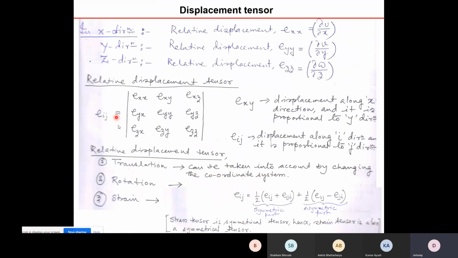Now you divide it into a symmetrical part with a positive sign and an asymmetrical part with a negative sign. The asymmetrical part will take care of your rotational tensor and the positive sign will take care of your strain tensor. The stress tensor is a symmetrical tensor, hence the strain tensor is also a symmetrical tensor.